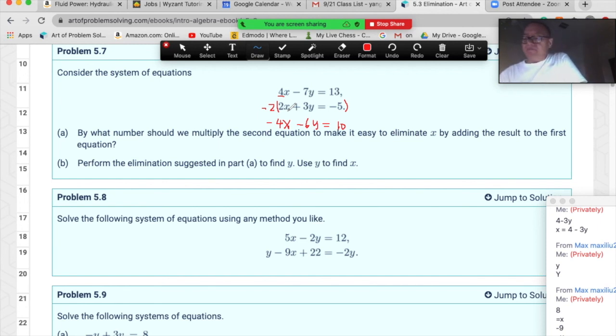Then the term with x we can cancel out. Add these two equations together. You get negative 13y equals 23, right? So from this one, we get y equals 23 over 13.